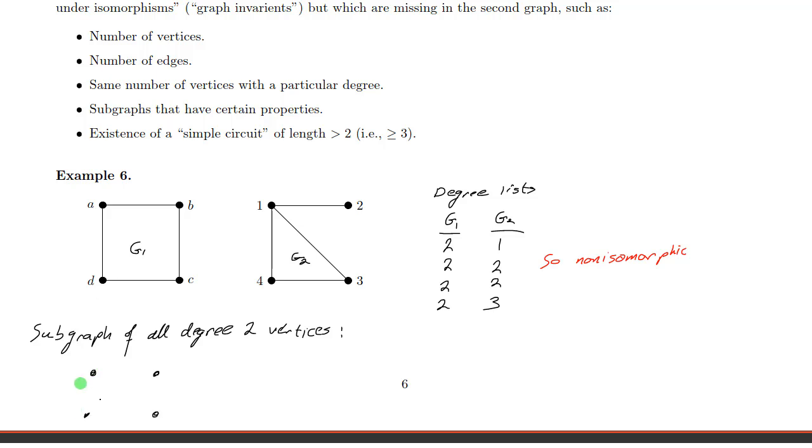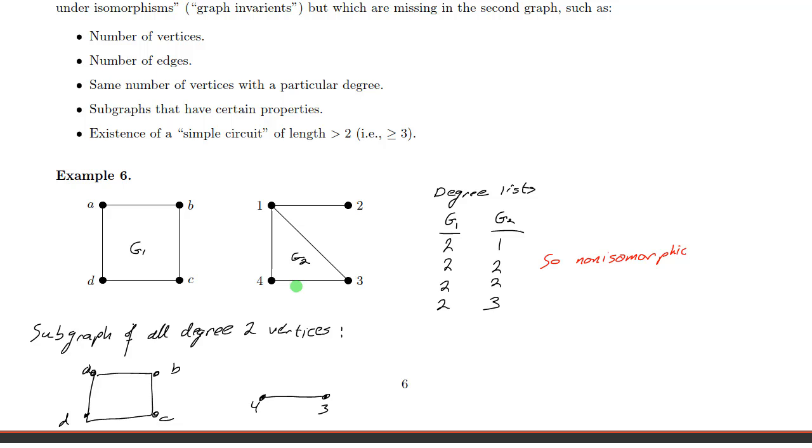So with G1, I'm just going to end up with G1 again, since they're all degree 2. But if we draw the subgraph with all the degree 2 vertices and their adjacent edges in the second one, then we end up with this. So that will highlight an area where the bijection that we're trying to define isn't going to satisfy the properties for an isomorphism. We're not going to have the correct adjacencies.